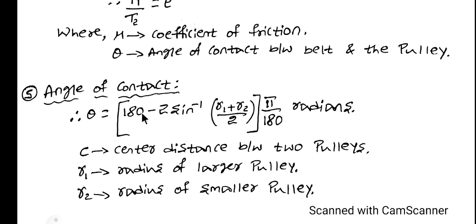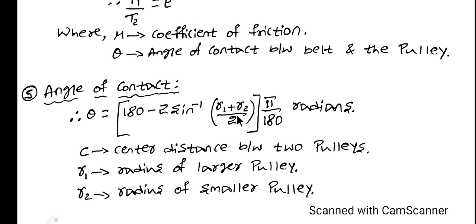That is the difference. If the angle of contact is not given, you have to use this formula and find the contact angle, where C is the center distance between the two pulleys. From that you can note down the value. Actually, this should be r1 plus r2 divided by c.